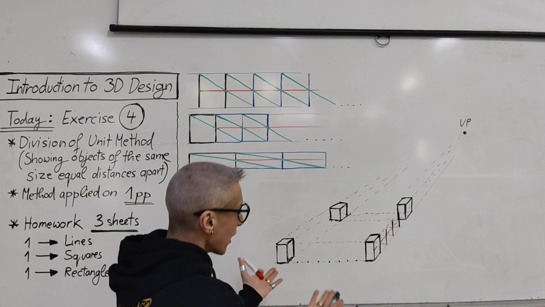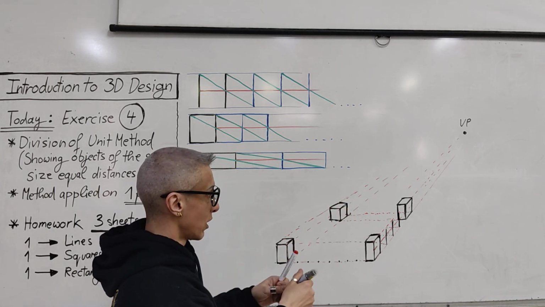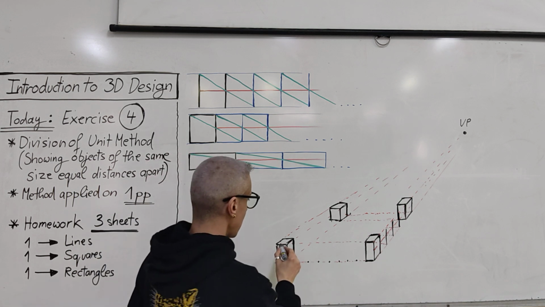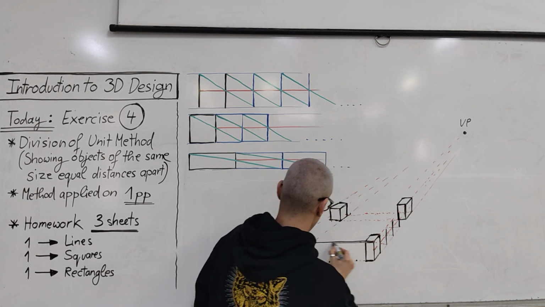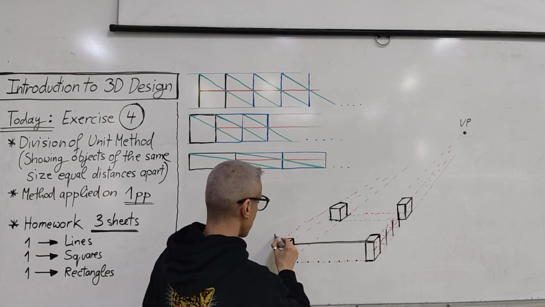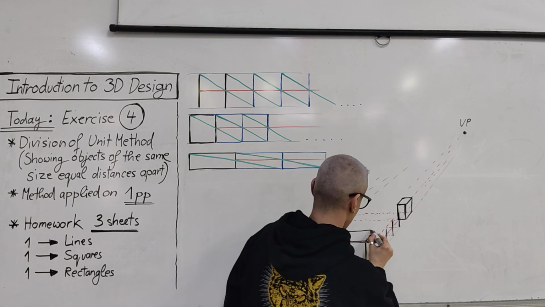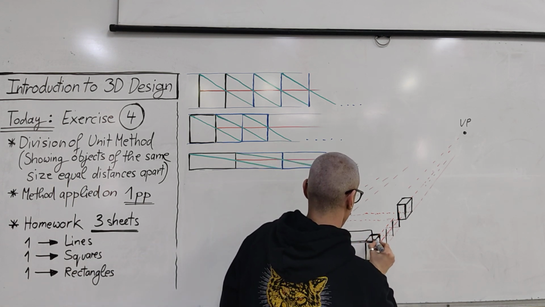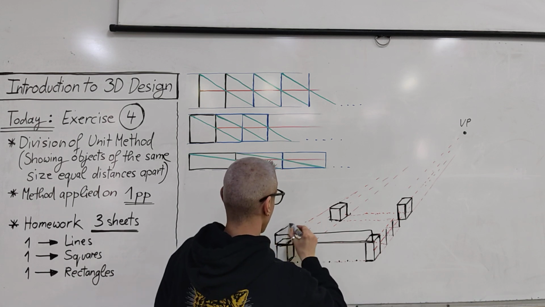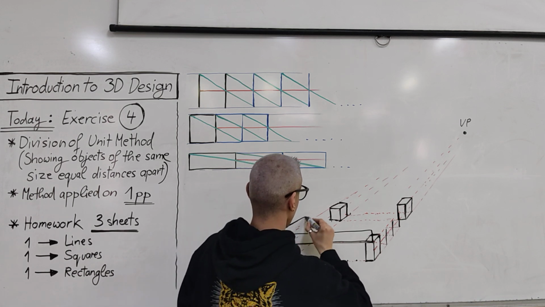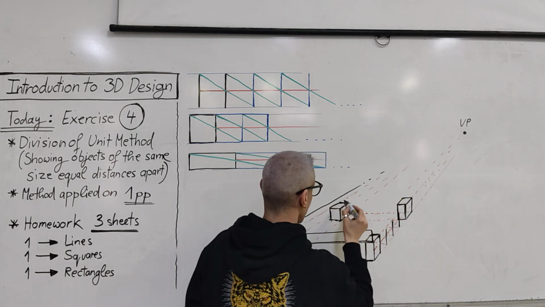So you can have the base on something that you can draw now on top. So you can draw other things on top. Let's say, okay, we want to draw something here on top. This one we will take to the vanishing point. To the vanishing point.